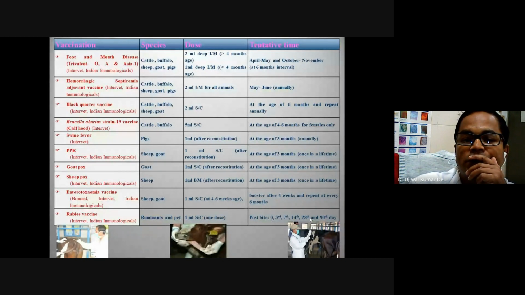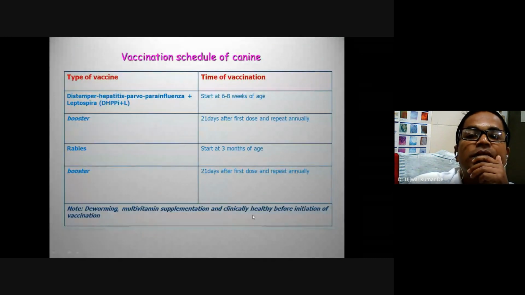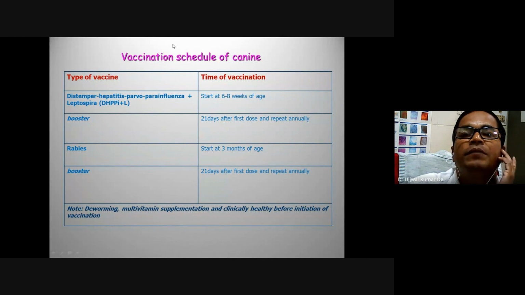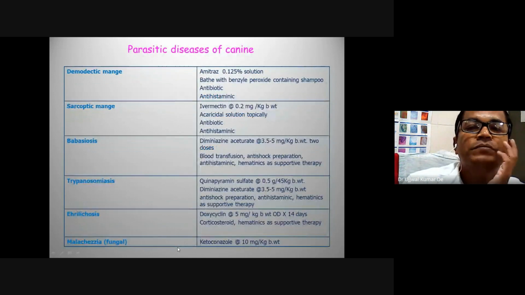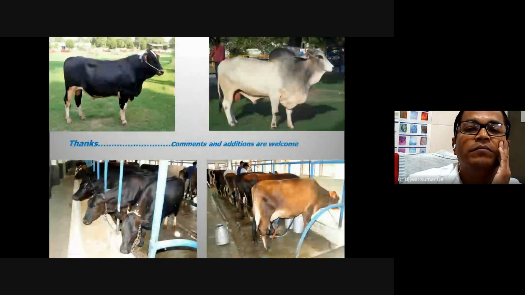Rabies vaccine can be used. Then the vaccination schedule of the canine: if anybody knows canine vaccination, they can follow. It starts at 6 to 8 weeks of age, with a booster after 1 week. Rabies starts at 3 months, with a booster after 1 month.